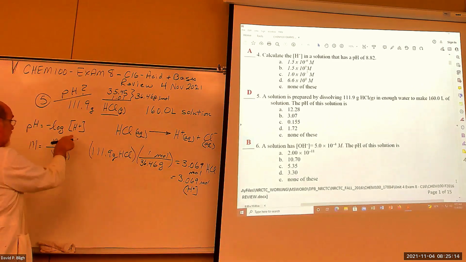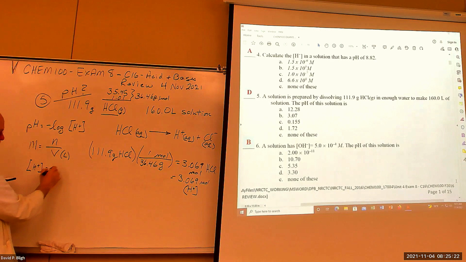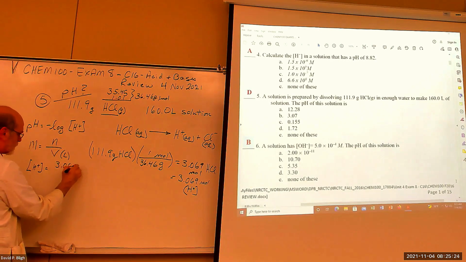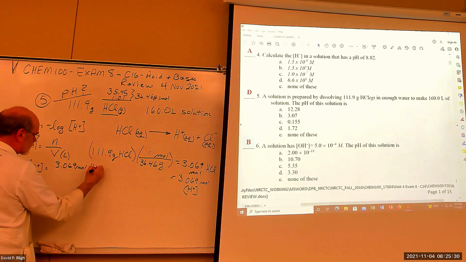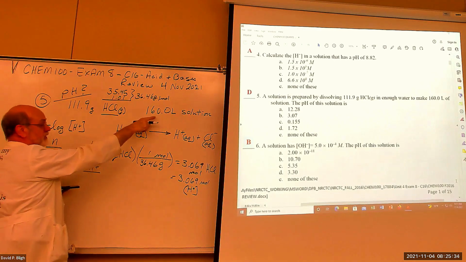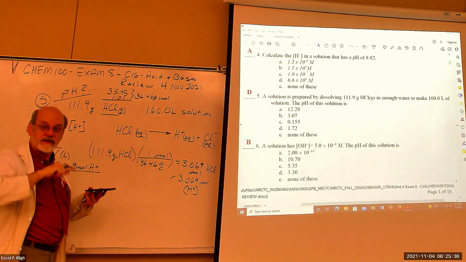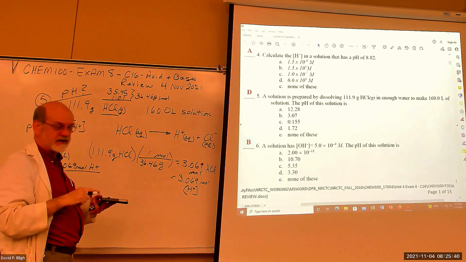So now we can find out this concentration of hydrogen ions. So the moles, 3.069 moles of hydrogen ions divided by the final solution, right? The volume has to be solution, not solid for molarity.